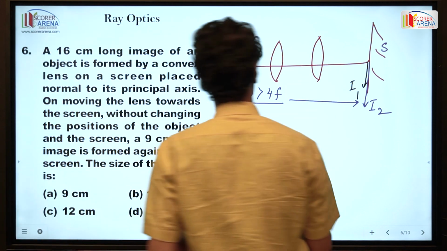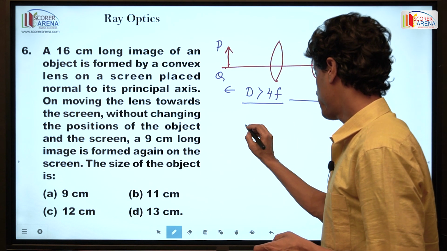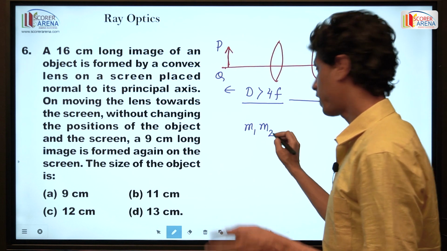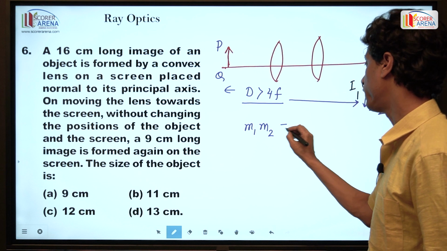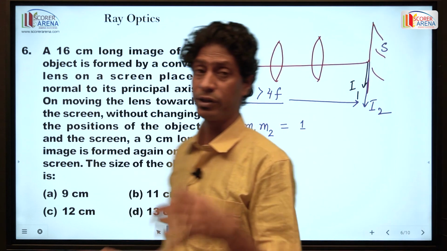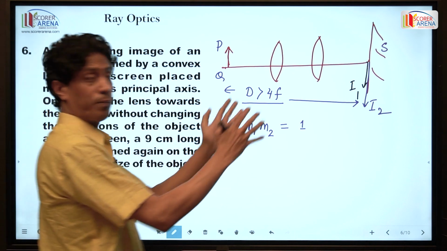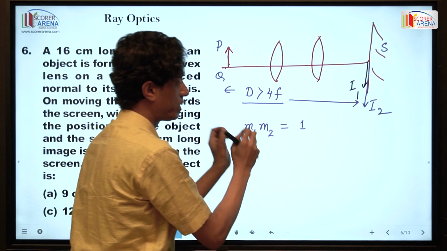And the product of the magnifications of these two images is always unity. It is ready-made information you have to keep for solving this problem.